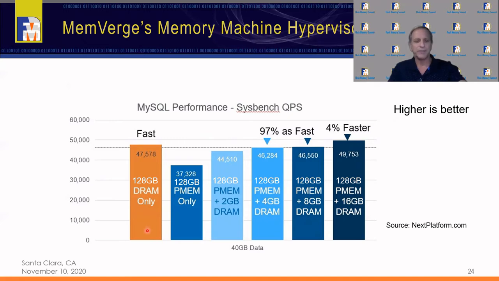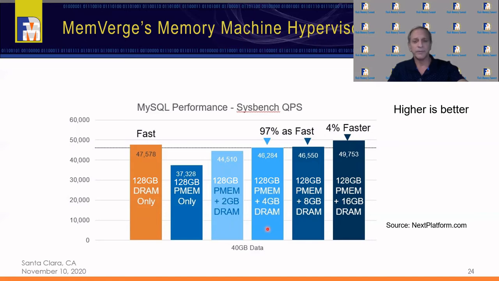128 gigabytes of DRAM comes in at over 47,000 on this benchmark, whereas the Optane only system of equivalent size achieves just over 75% of that mark. It does it at about 1/3 the cost, however. Surprisingly, adding just 2 gigabytes of DRAM to the 128 gigabytes of PMEM adds a big increase in performance.